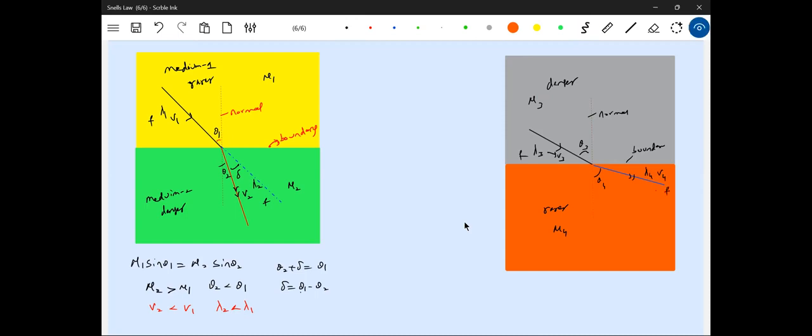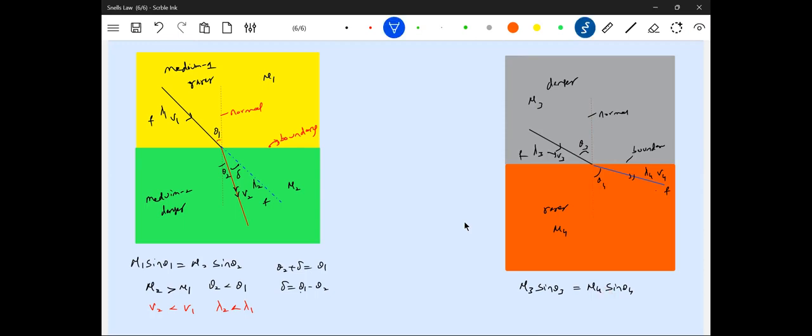Frequency will not change as it propagates from one medium to another. Then again we'll apply the same basic Snell's law. Mu 3 sine theta 3 should be equal to mu 4 sine theta 4. Mu 3 into the sine of the angle of incidence theta 3 equals mu 4 into the sine of the angle of refraction theta 4.